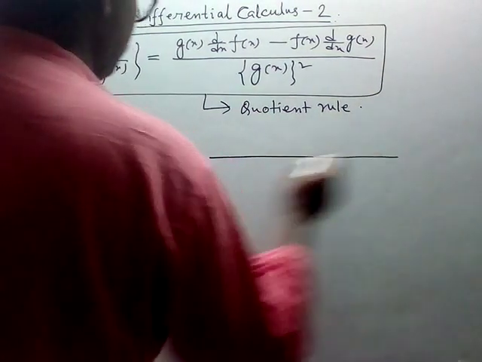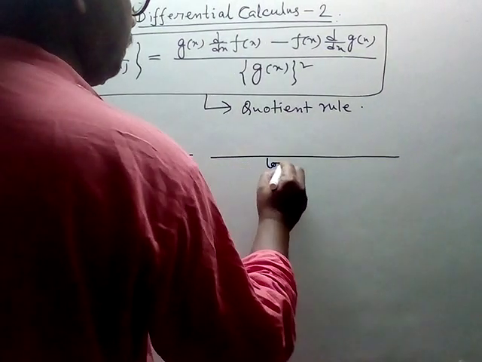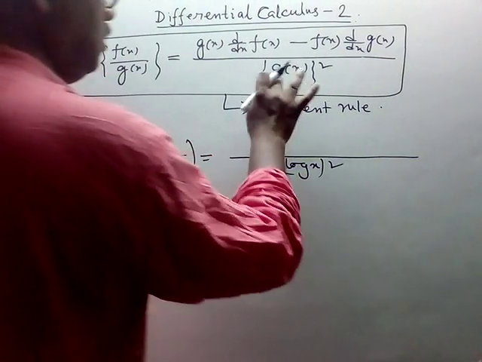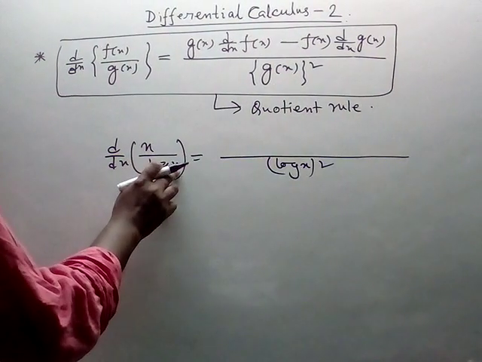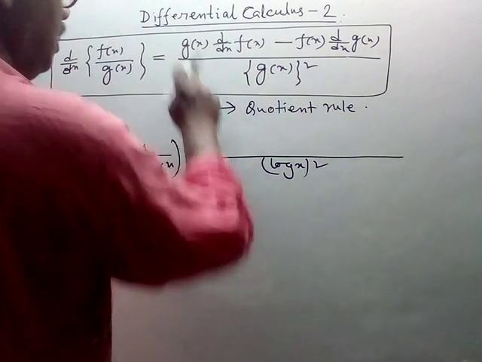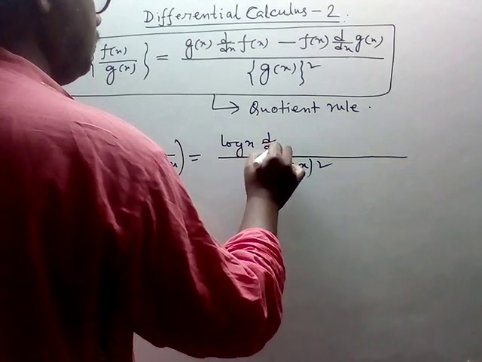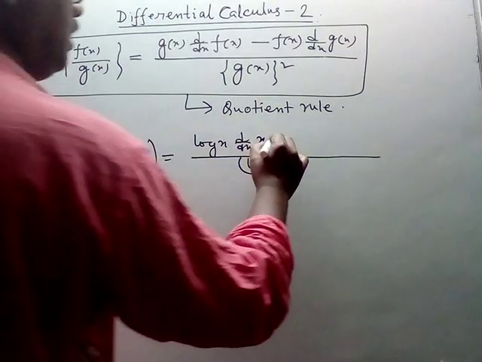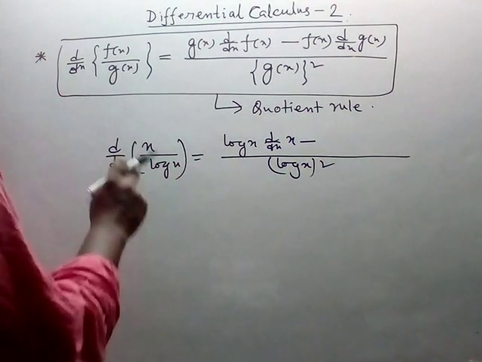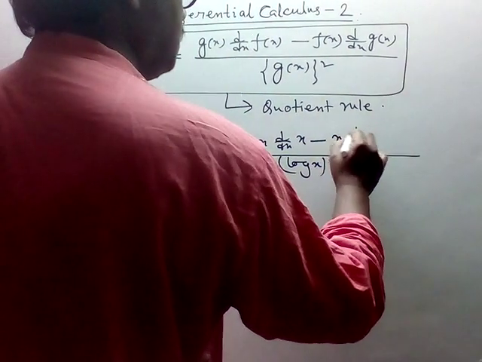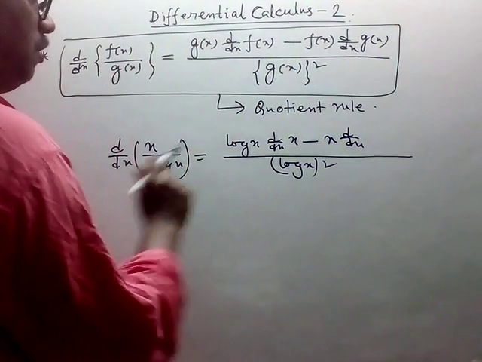Then this equals log x whole square in the denominator, g(x) whole square, where g(x) means log x. Now in the numerator, g(x) means log x, d/dx of x, minus f(x) means x, d/dx of log x.